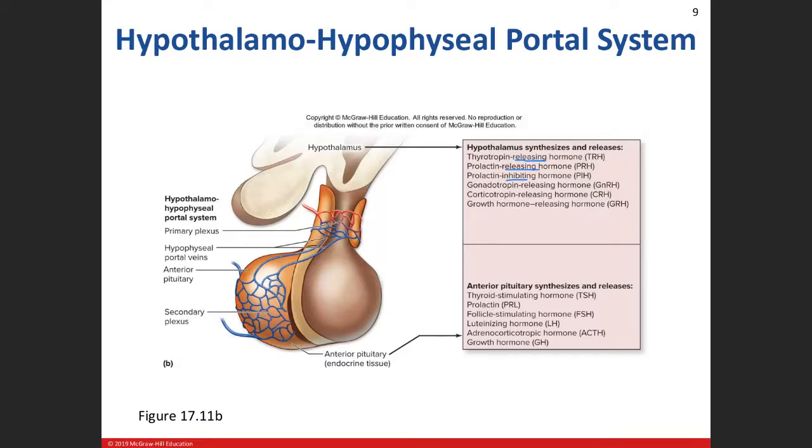In the pituitary, we have stimulating hormones. Hormones like TSH, thyroid stimulating hormone, are going to stimulate the thyroid to release thyroxine. But again, that's a story for lecture.